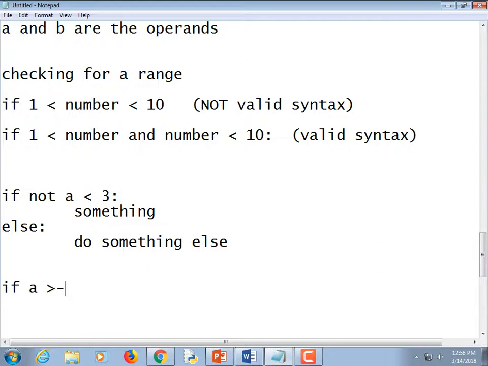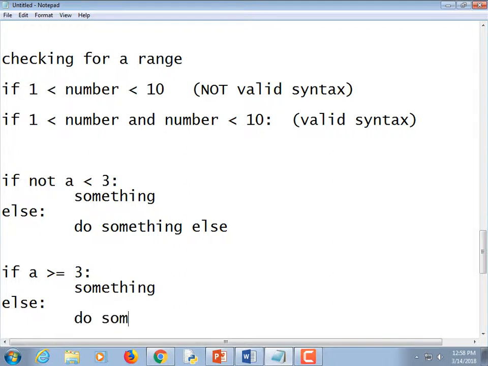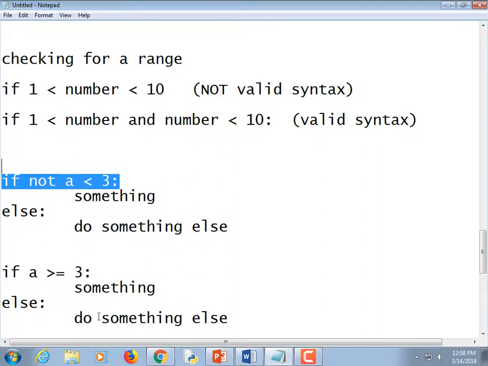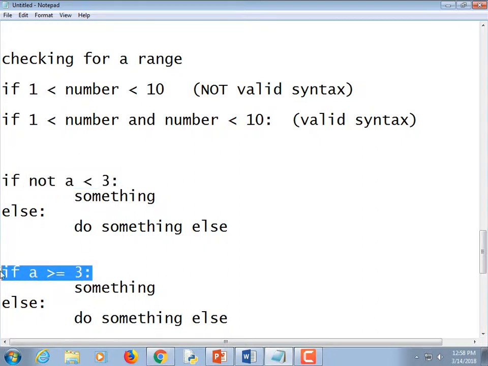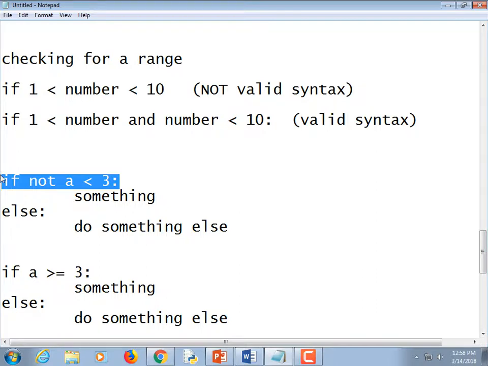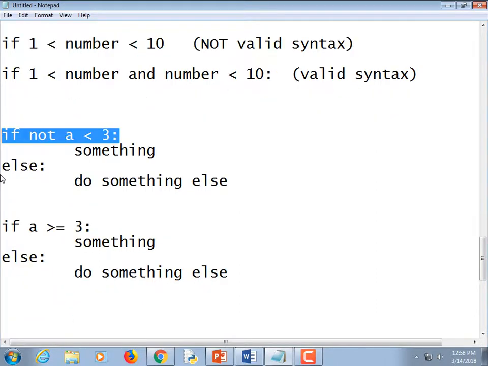So we could just do if A greater than or equal to 3, do something. Else, do something else. Maybe it sends a light bulb off that this is easier to read than this. If it does, great.